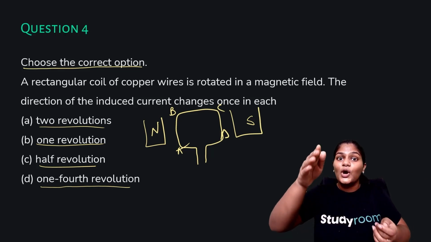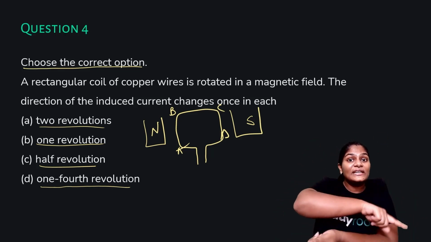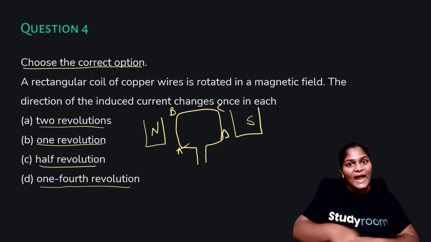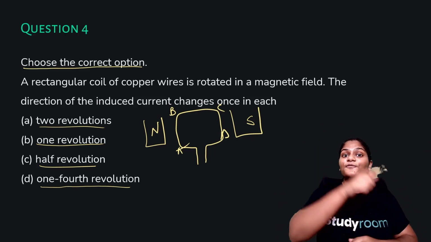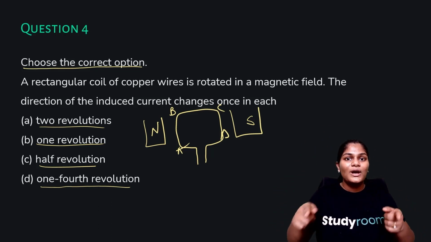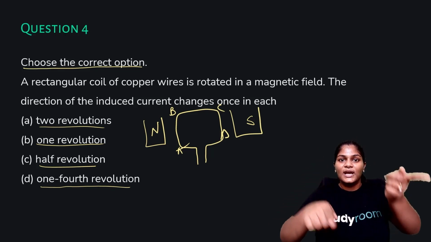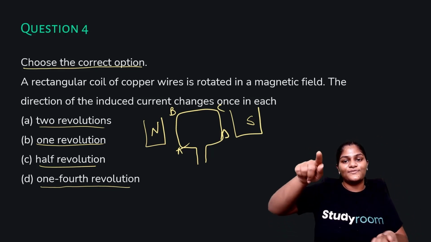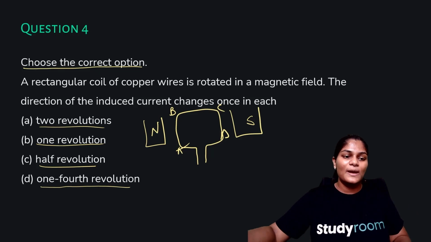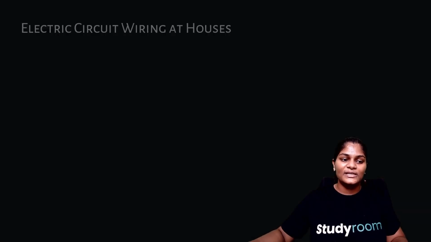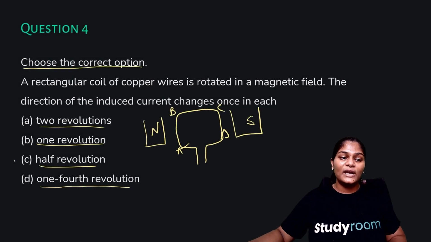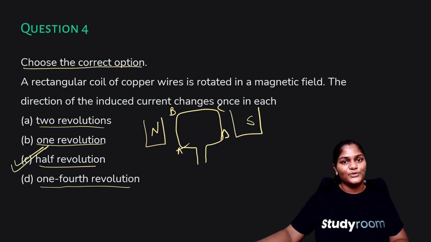CD has just gone half a rotation. When CD comes back to its original place, that is a full circle. That is a full revolution. So where does it change its direction? At half a revolution, just when CD and AB exchange places. So our correct answer is half a revolution. Okay.